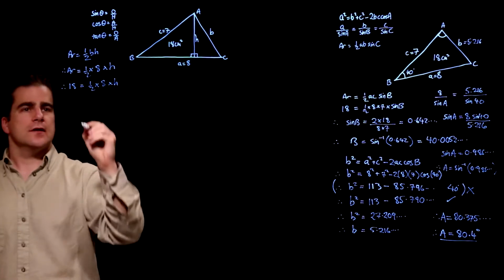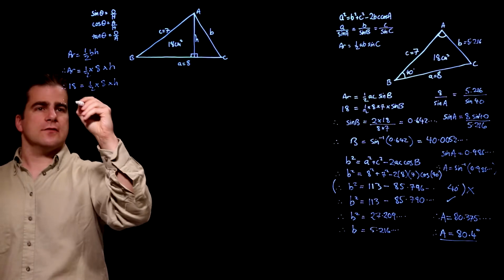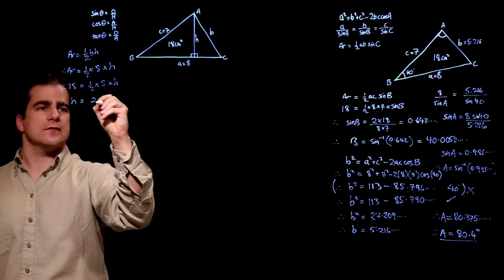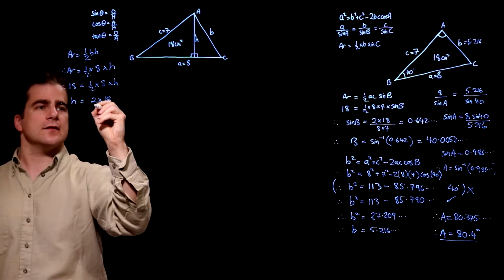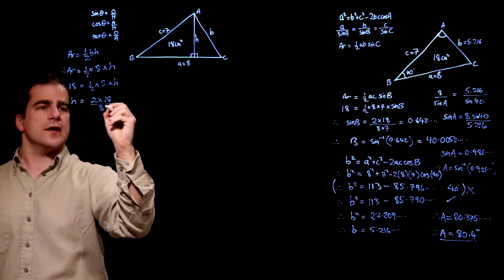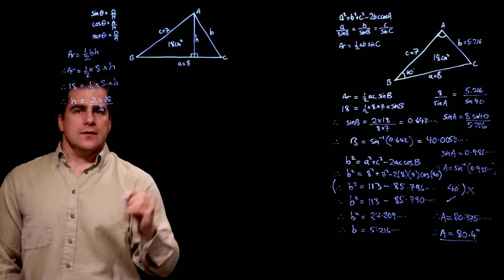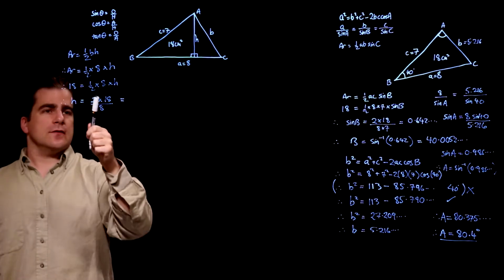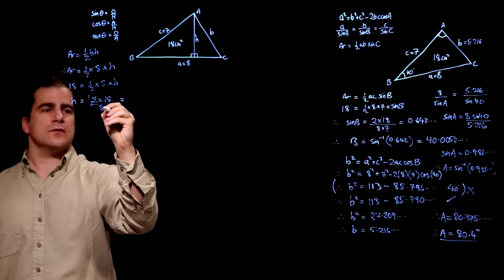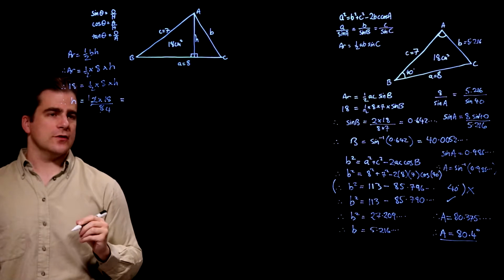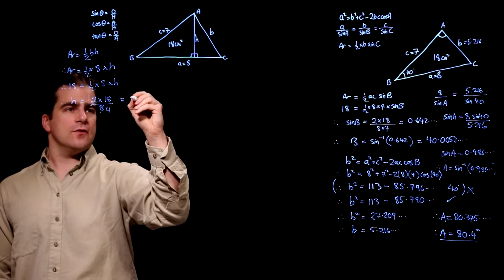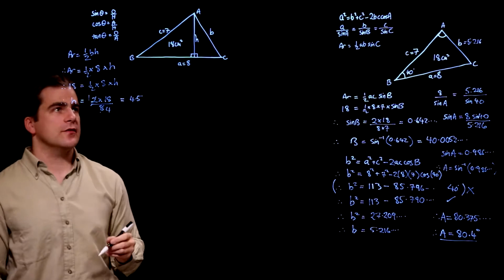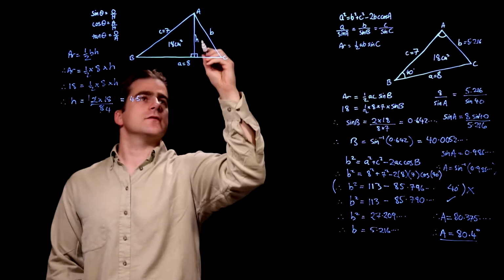Okay, therefore rearrange to get h. Height is 2 times 18 over 8. The 2 and the 8 cancel 1, 4, it's 18 divided by 4, which is 4.5. Okay, so the height is exactly 4.5.